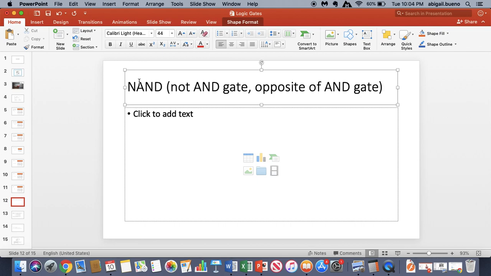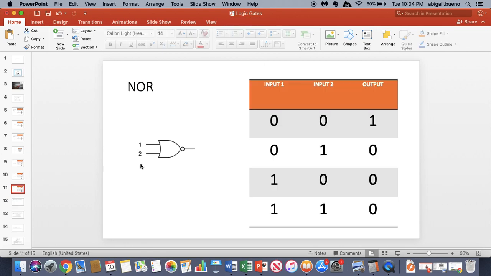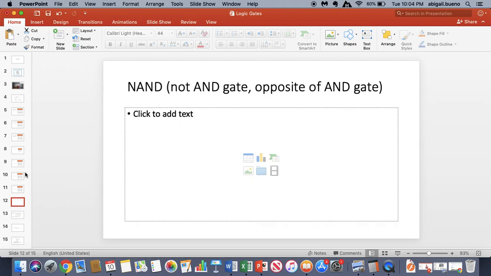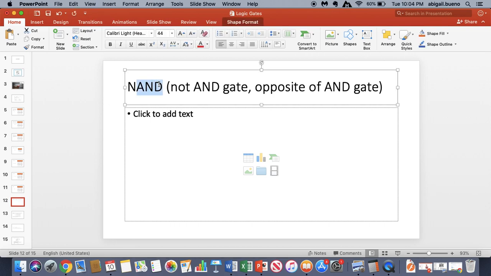The circuit symbol will look like an AND gate with a circle at the end. Look at this. An OR gate with a circle here is NOR. So this circle symbol is representative of a NOT gate. So a NAND gate will look like an AND gate with a circle on the output.